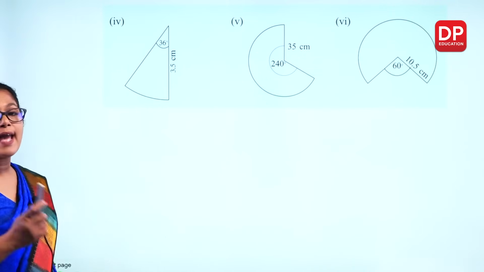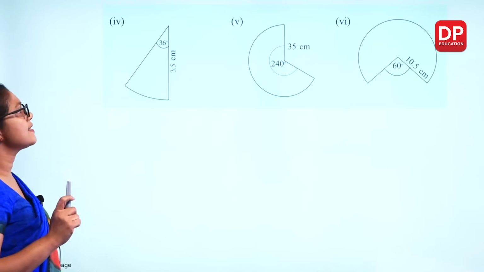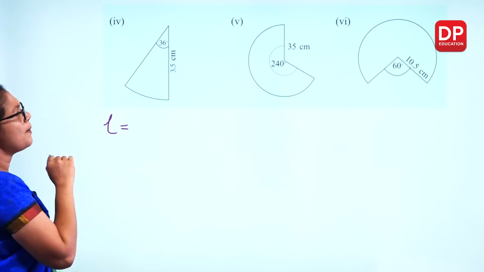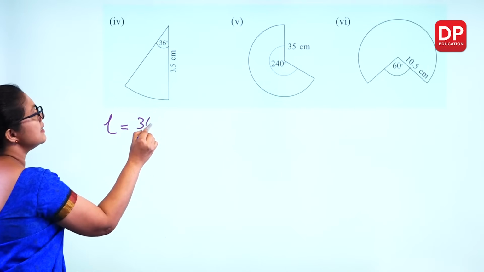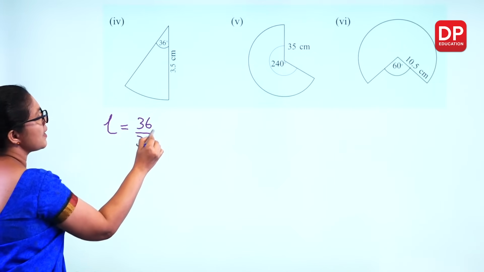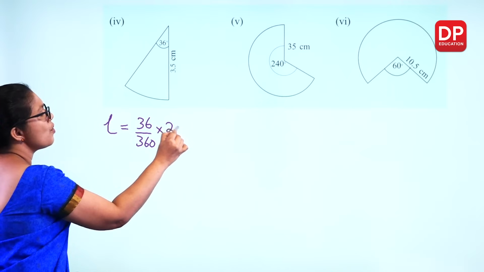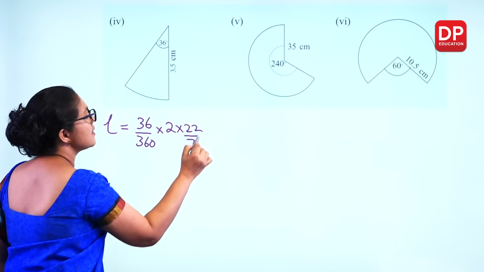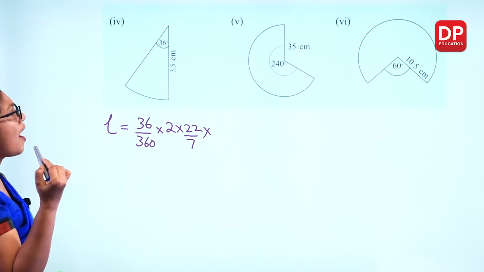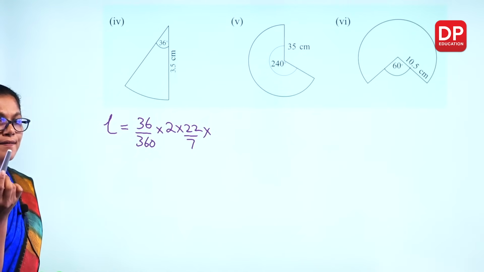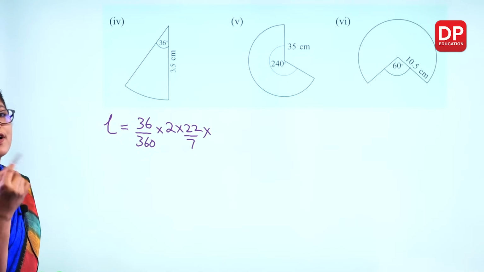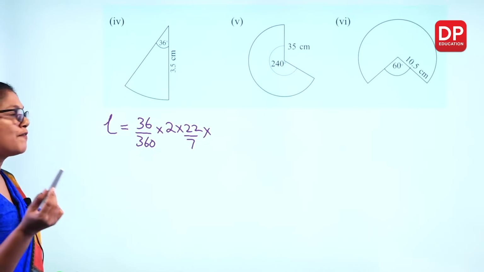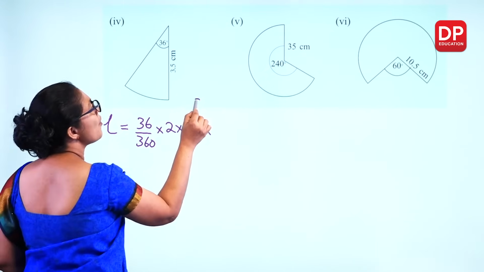Now we'll look at the next part. You are given the angle at the center is 36 degrees. So straight away we'll use the formula angle divided by 360 into 2, what's the pi value? 22/7. R value is given 3.5. So it's easy to convert to a fraction and write down the fraction value for simplification. So here what is 3.5?